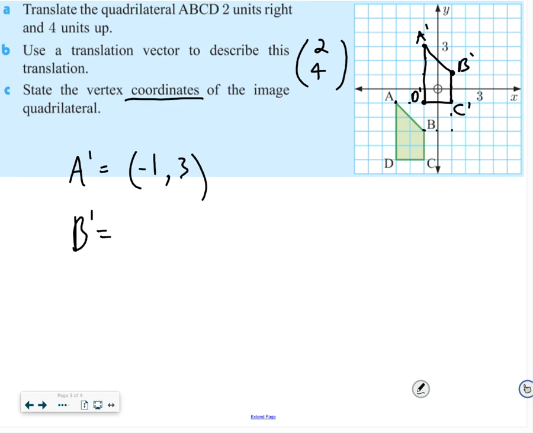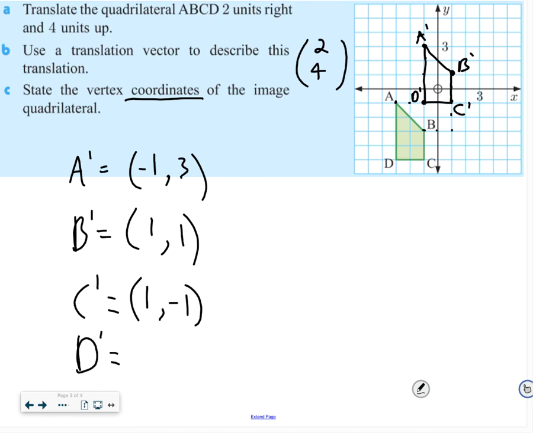B prime, the image, okay, is over 1, up 1. C primed is over 1, down 1. Okay, and D primed is equal to left 1 and then down 1 as well. So those are my coordinates of the image of the quadrilateral.